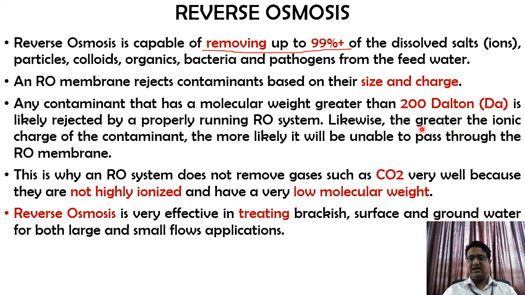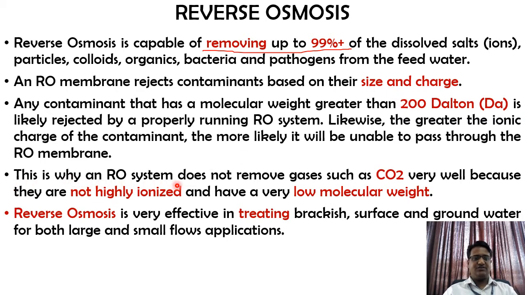Likewise, the greater the ionic charge on the contaminant, the more likely it will be unable to pass through the RO membrane. If you have more charge, that charge will be held up by the membrane, and in turn it will not be allowed to pass through. So 200 Dalton is the size beyond which the movement of those particles will be restricted.